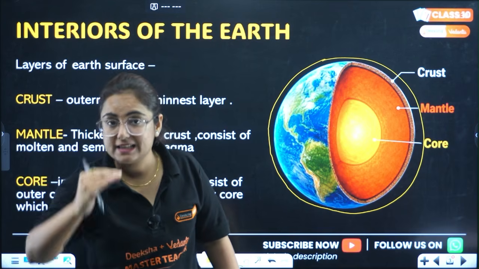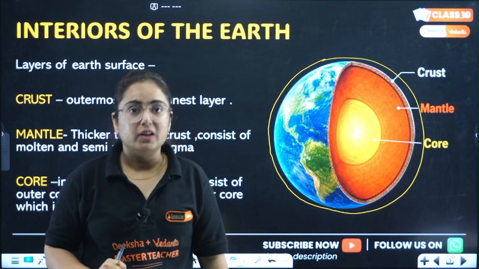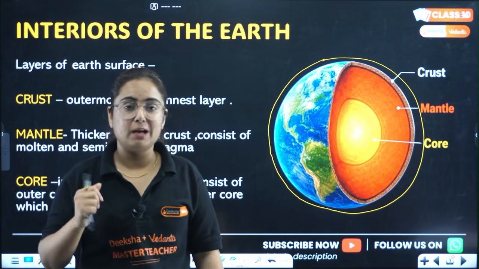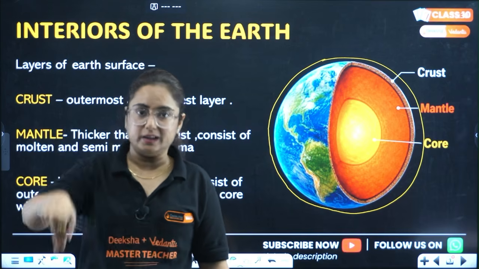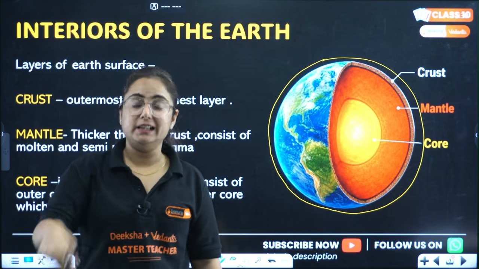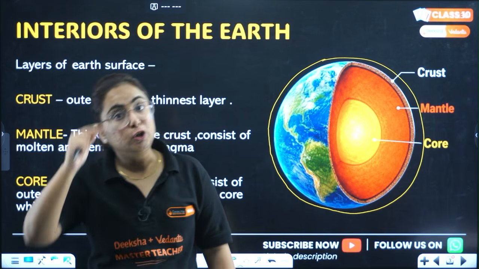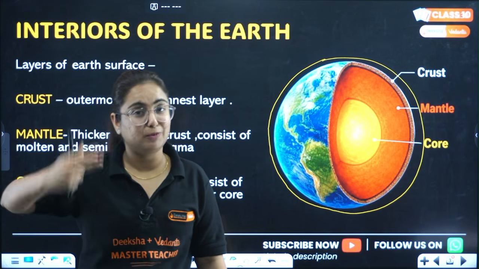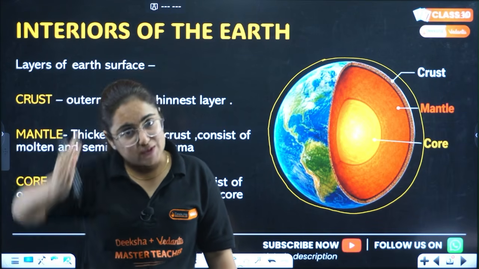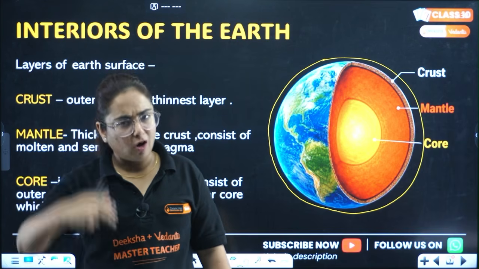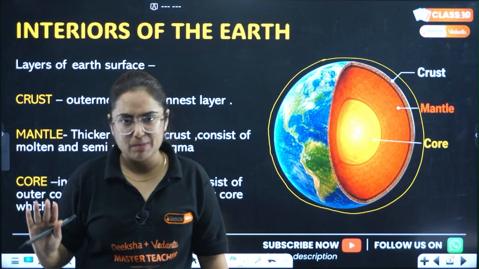There are layers around the earth's surface, right? But now you might be thinking, ma'am, has anyone dug a hole and gone into the interiors of the earth? Only up to a certain level of layers, not till beneath, because the temperature increases as we go inside the earth crust or the more layers. Getting my point?